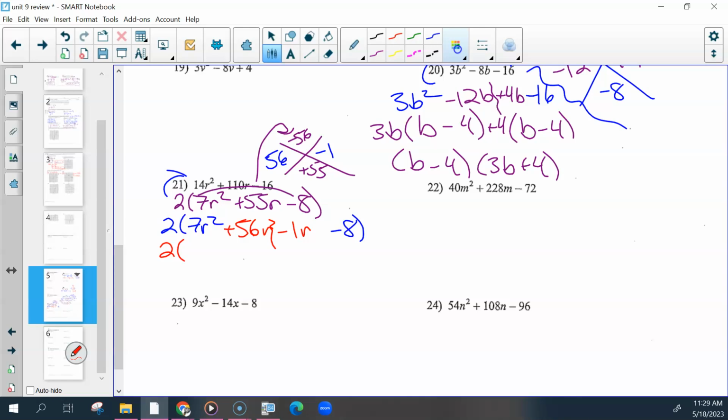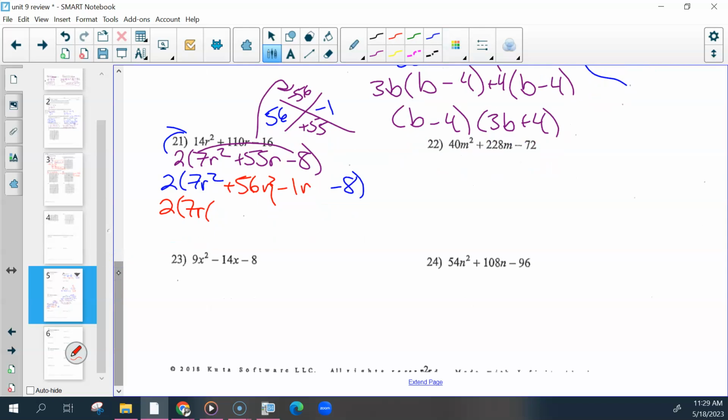And what else do they have in common? R. Just the R. It looks squared because of the squiggly line. So 7r, so that would leave us with r plus 8.